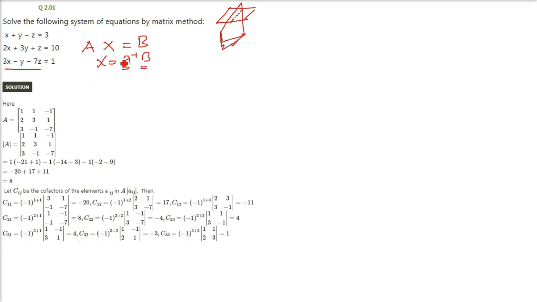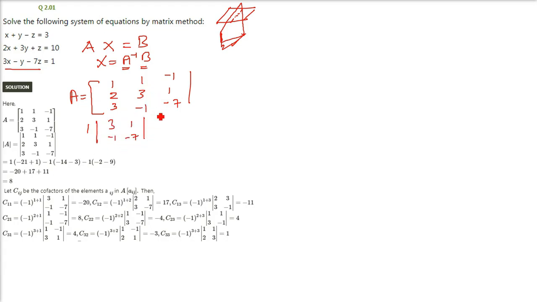What is A? A is all these x, y, z coefficients. So A is 1, 2, 3. Y is 1, 3 and minus 1, and z is negative 1, 1 and negative 7. So in order to find the determinant, let us see the determinant. 1, you'll get 3, 1, minus 1, minus 7.